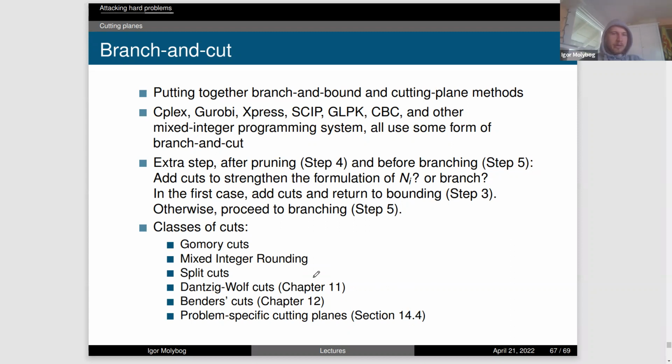So all of them, like CPLEX and Gurobi, are doing some preprocessing in the beginning, which is in a way a form of adding cutting planes, but they do not do cutting planes in specific directions.